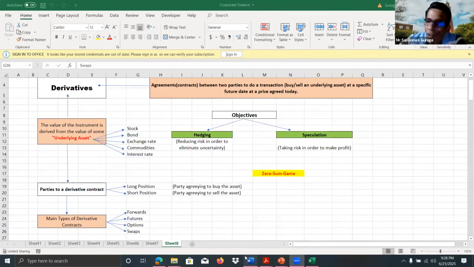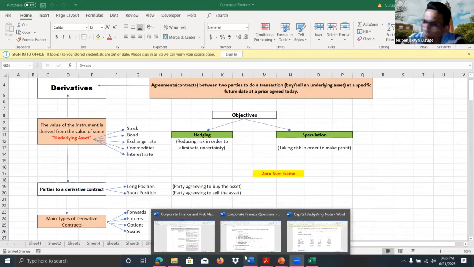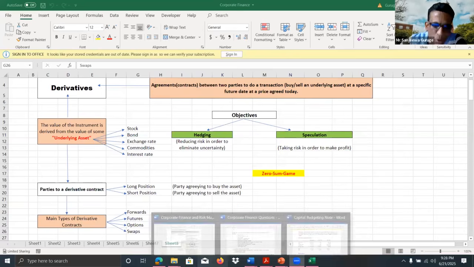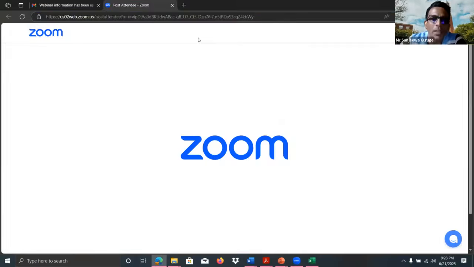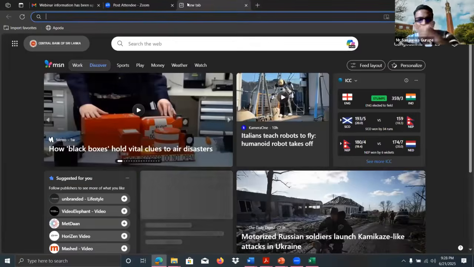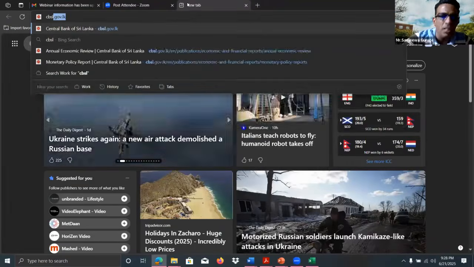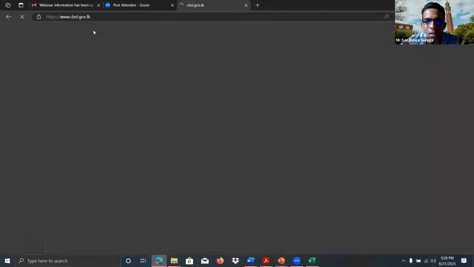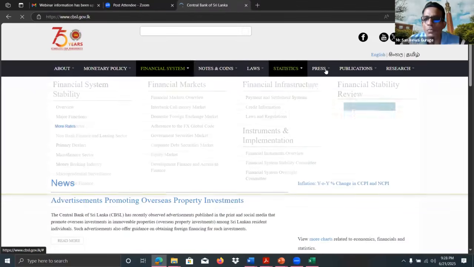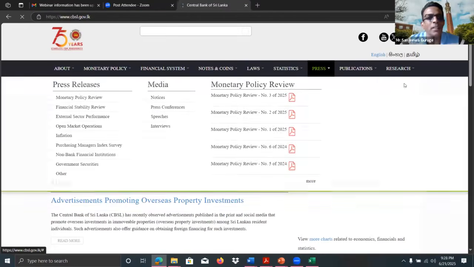If you see the yen rate, maybe 20 years, 30 years back, what is the yen rate? Maybe 1 cent or 2 cents we paid, right? Only 1 cent in Sri Lankan currency, because you can see this when you refer to the central bank website.